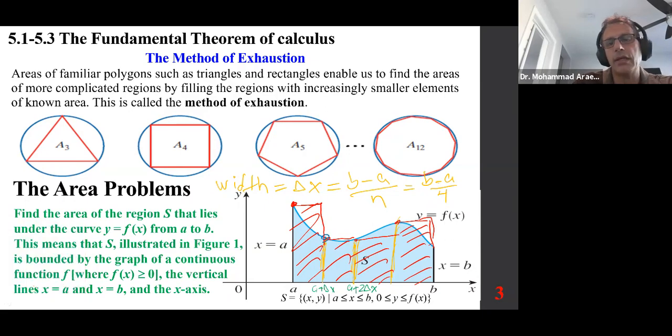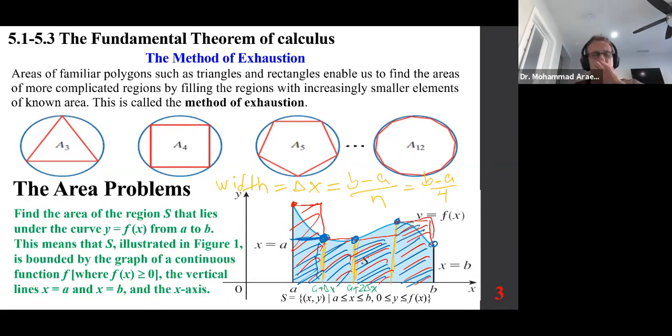On the other hand, if we choose to go with the right end points, so the height, for example, for the first one would be this much. So this would be the right end points on the rectangular piece.